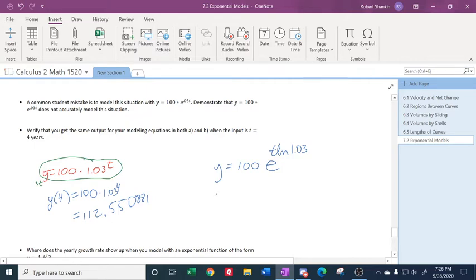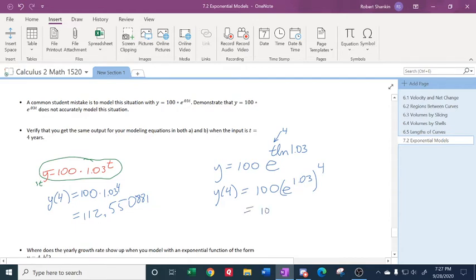If I take the other equation, which was y equals 100 e to the ln 1.03 times t, then y of 4 is 100 e to the, now I'm going to put a 4 in for this, but I'm going to write it like this, because power to power we just multiply.